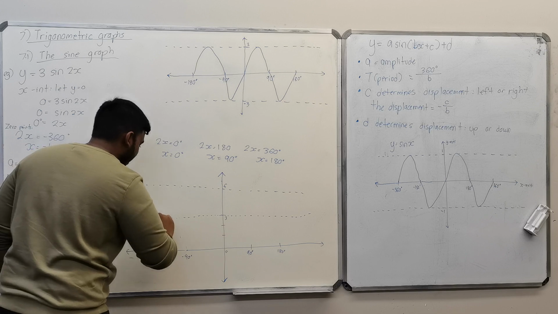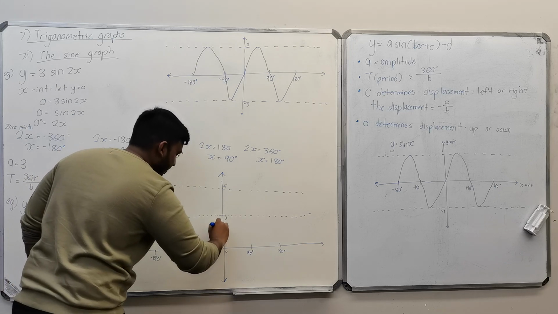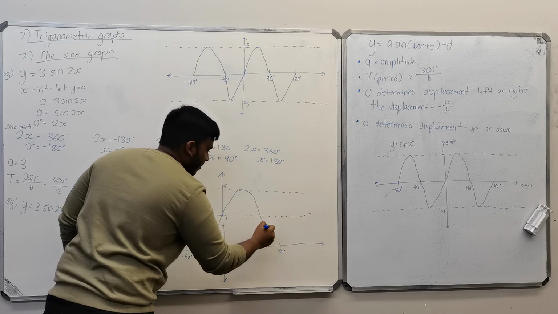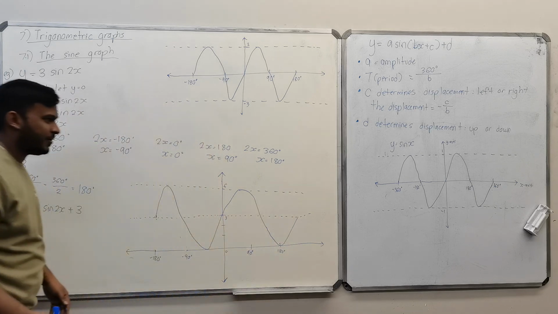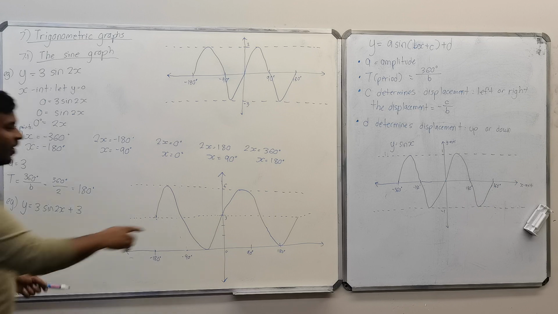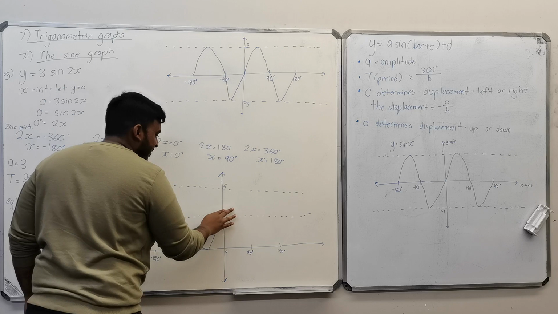Start from the center, go this way, and start from the center, go that way. 180 needs to end at 3. The one on this side is supposed to end at 180, not touch 180. How you normally do it.